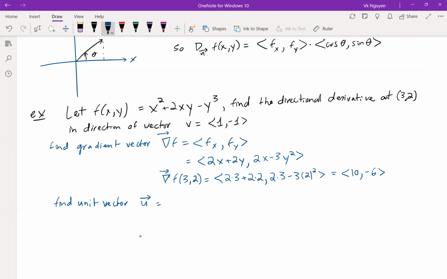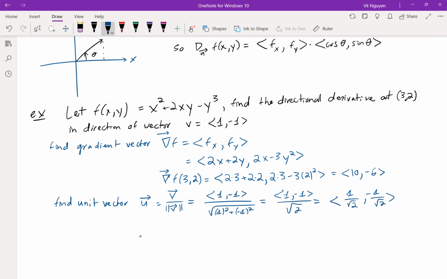So it's going to be (1, -1) divided by the square root of 1 squared plus (-1) squared, which is root 2. So it's going to be (1 over root 2, -1 over root 2). Okay, we got it, right?